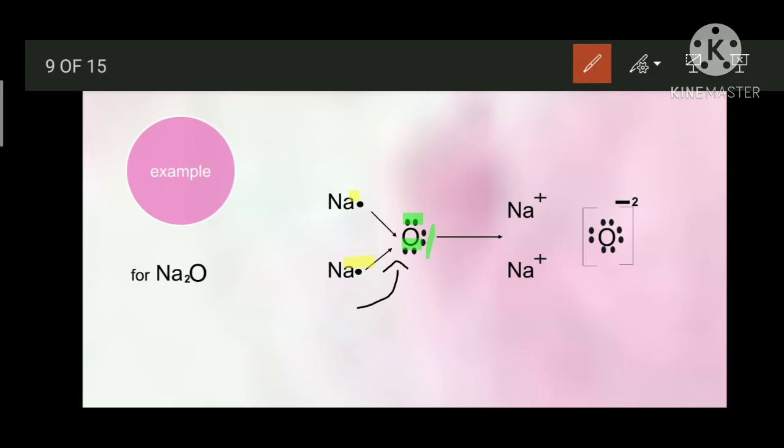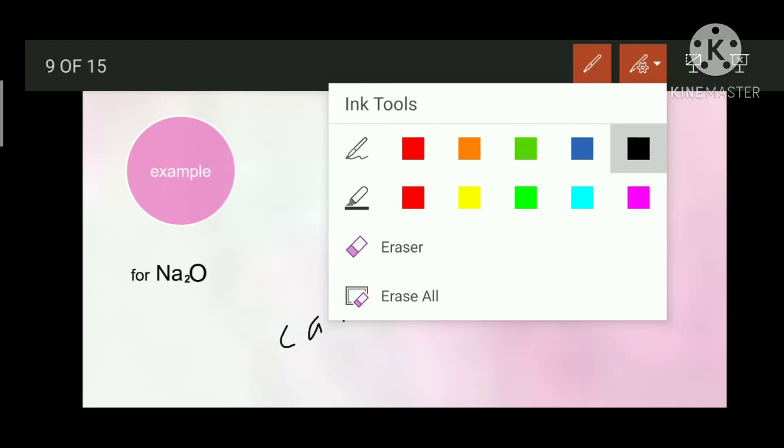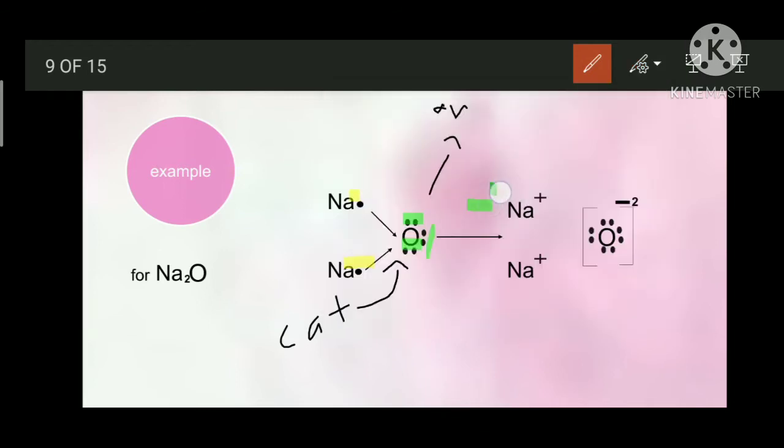Sodium is a cation and oxygen is an anion. From this, it will be represented as sodium with a positive charge and oxygen with a negative charge.